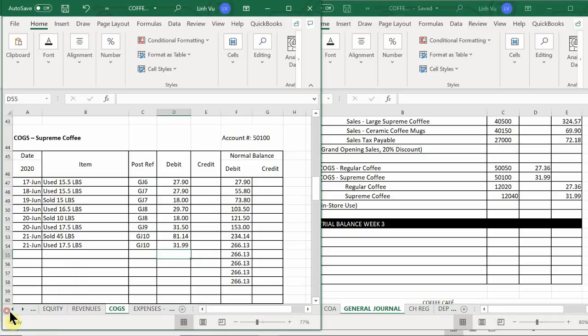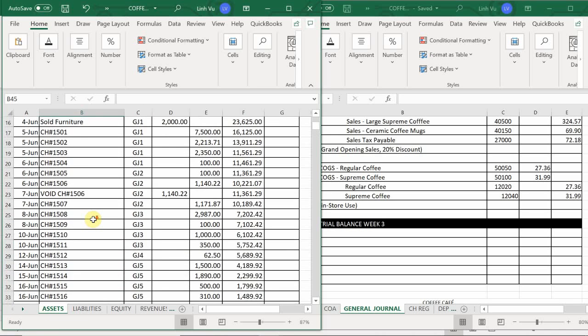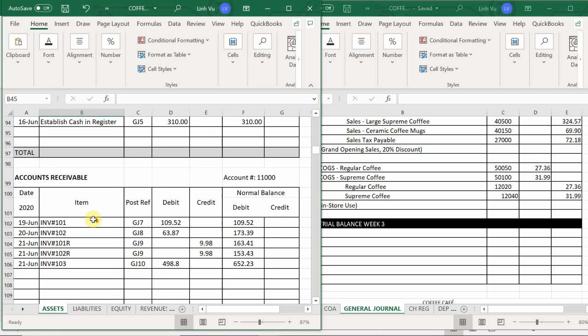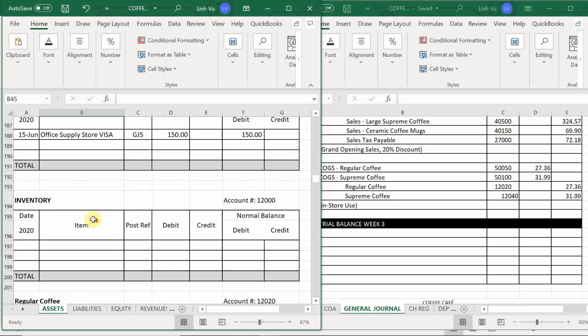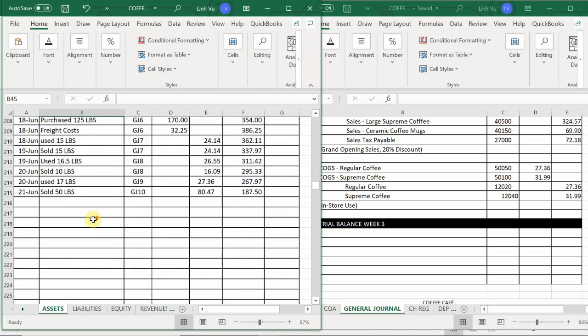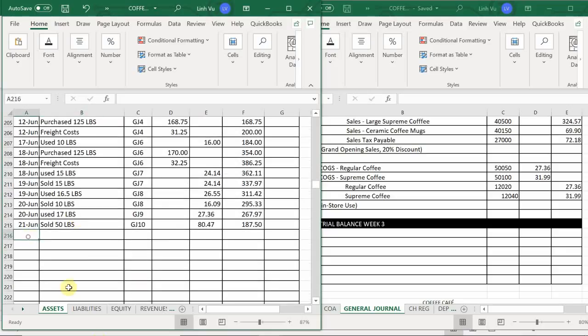Then we're going to update our assets for our coffees here. So let's scroll all the way down till we reach our coffees. Here we are. Regular coffee.